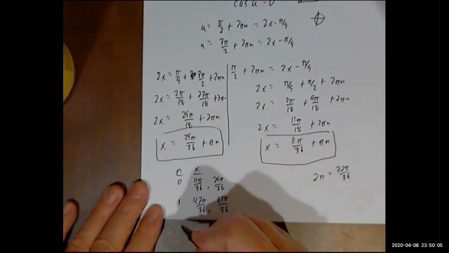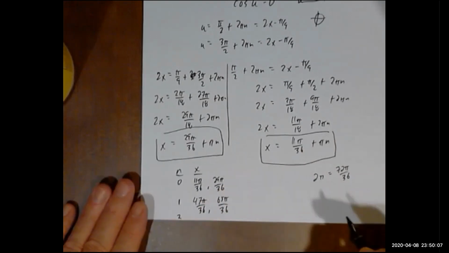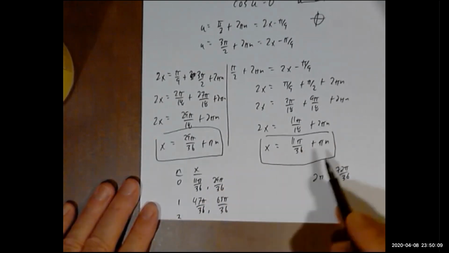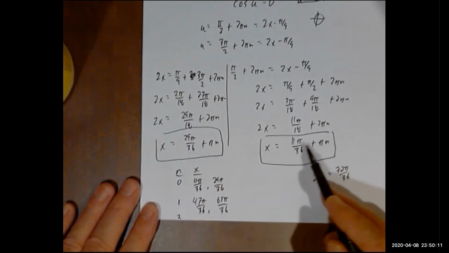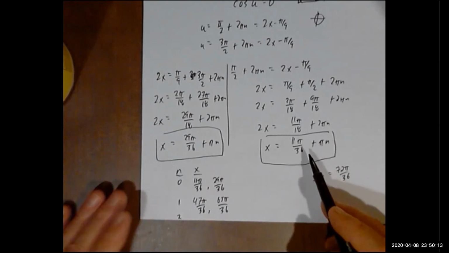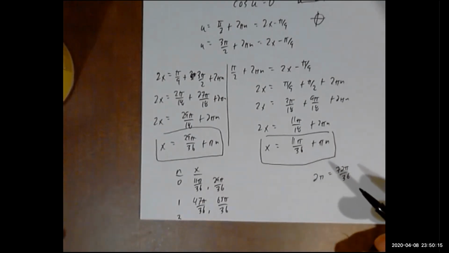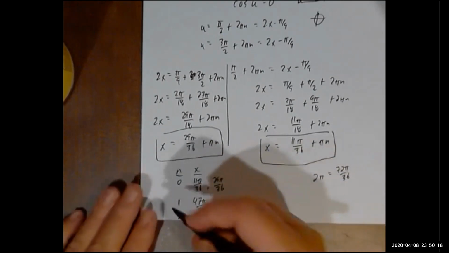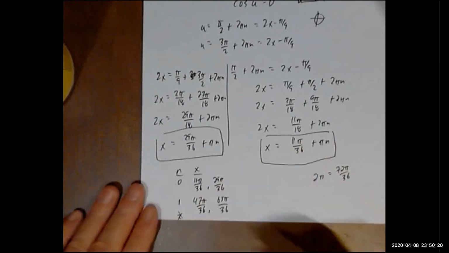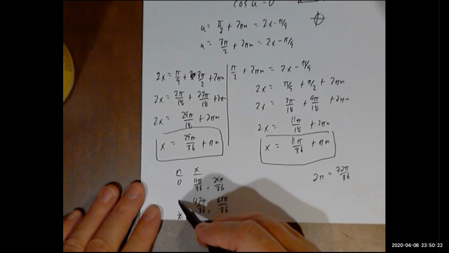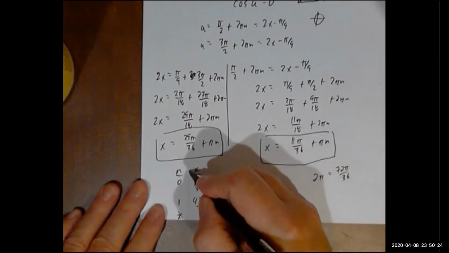Now what happens when n is 2? Well, it's pretty clear. When you put 2 in here for n, you get 2 pi plus this. Obviously, all of a sudden, you're bigger than 2 pi. The same thing here. So you stop. N has to be 0 and 1, and you're done.